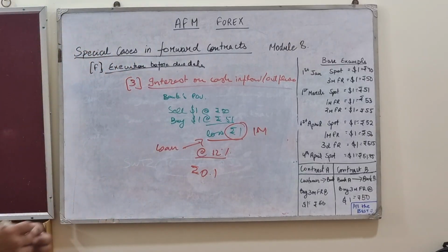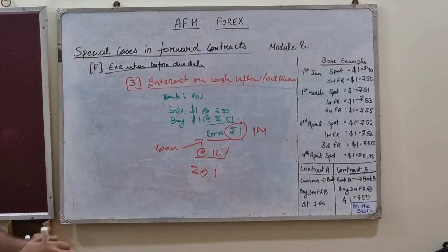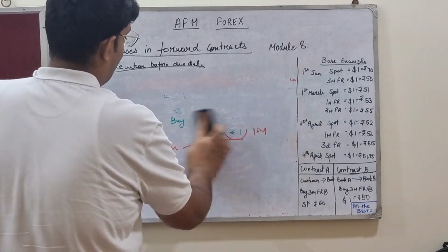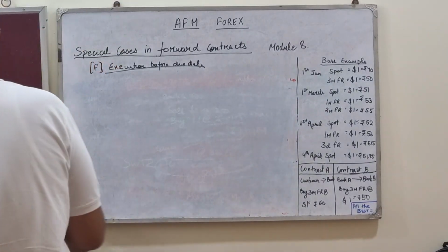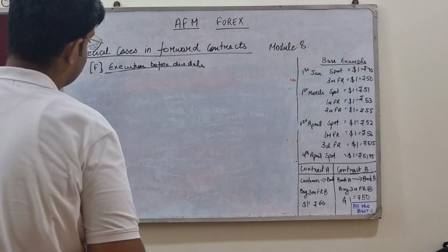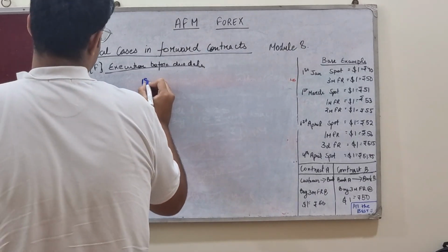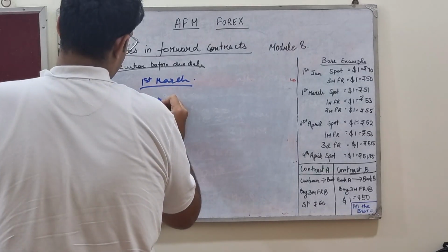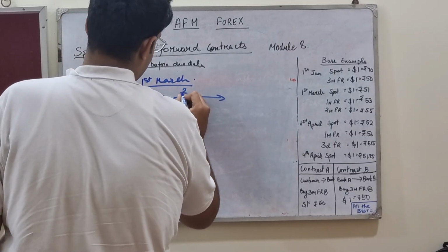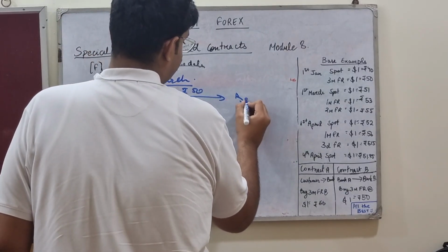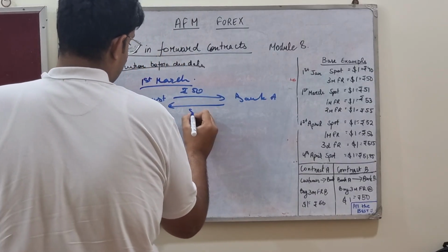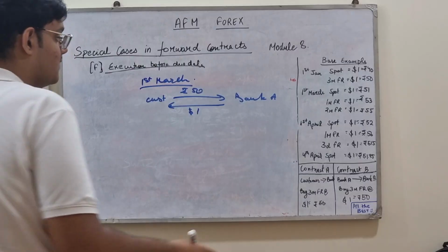Alright, so now let's collate everything. Let's see what's happening overall. To explain this, I'm going to start with 1st March. Customer gives bank A rupees 50, and then bank A gives customer $1, right?